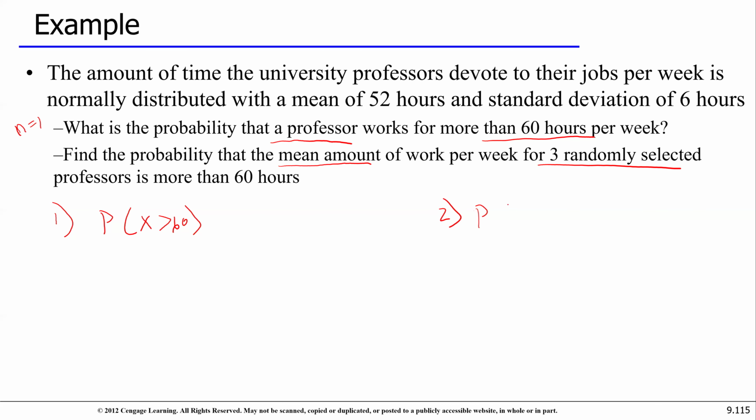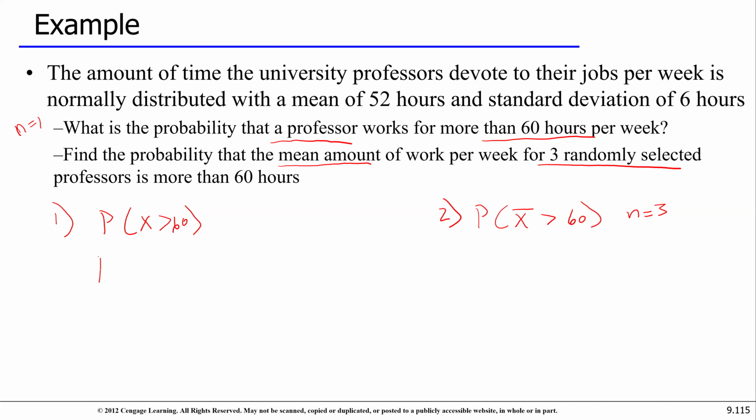So now it's the probability that X bar is greater than 60, and N equals 3. All right, so you can pause the video, do the work, and then answer the question. I'm going to put the work on the slide, and then you can double check your answers as well.